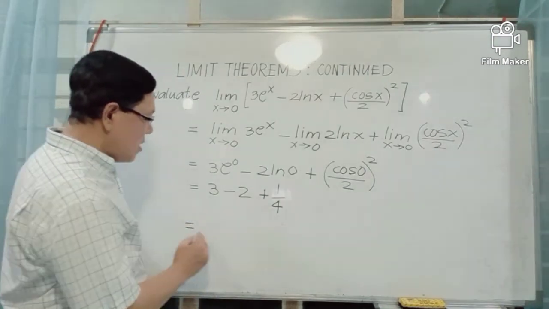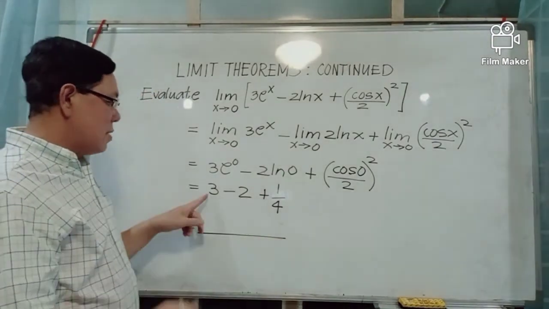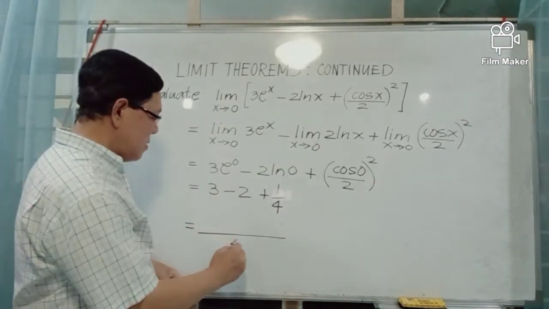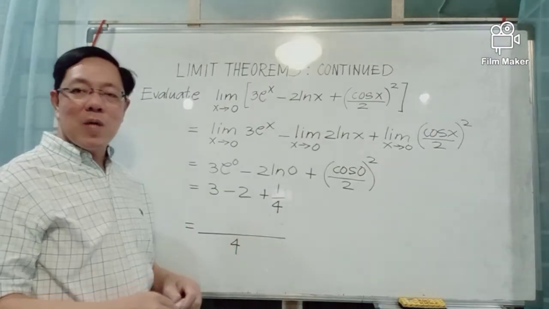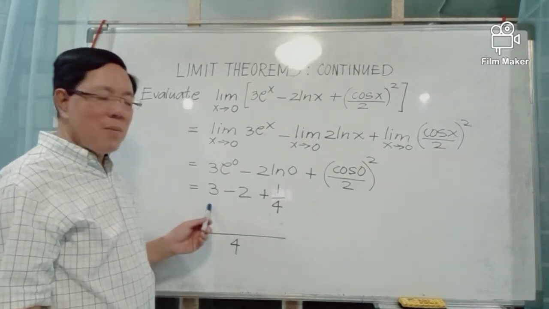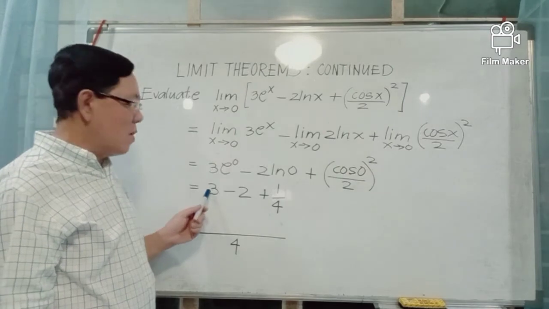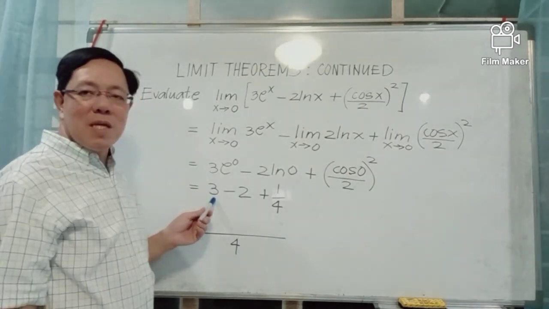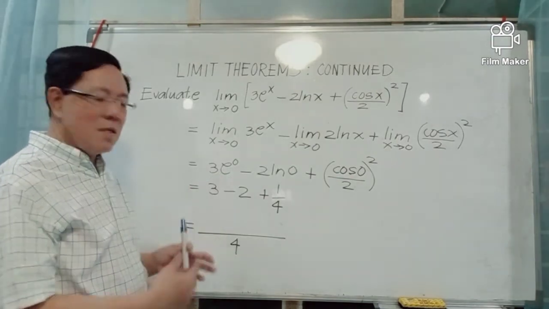And the LCD of the denominators 1, 1, and 4 is 4. And we find the numerator by dividing the LCD by each denominator and multiplying the result by the numerator. 4 divided by the denominator of 3 is 1, multiplied by 3 is 3.